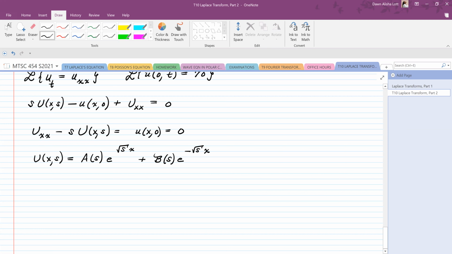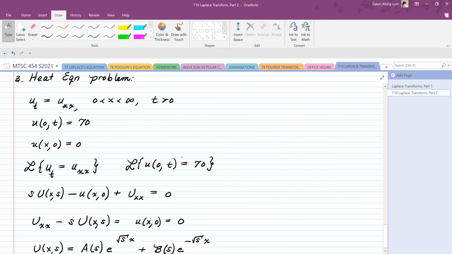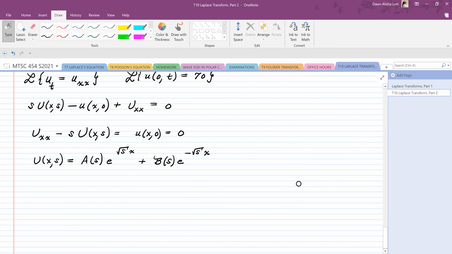Now, s we know is positive. We already said whenever we're doing a Laplace transform, s is positive, and x goes to infinity. So here's where our second boundary condition comes in, the hidden one. There's a hidden boundary condition, or a boundedness condition, as x goes to infinity that says that A of s has to be identically 0.